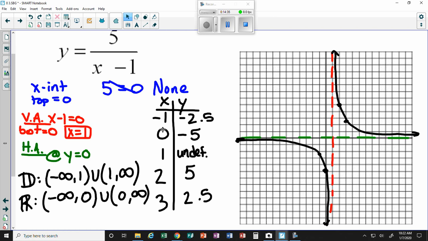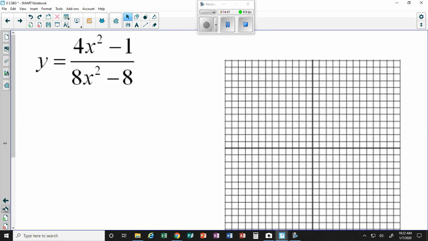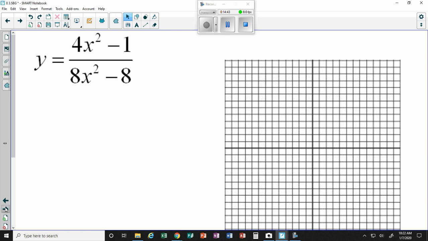Now the next one has x squared on both top and bottom. Okay? So find the x-intercepts, find the vertical asymptotes, find the horizontal asymptotes, and graph. Alright, so how do I find the x-intercepts?